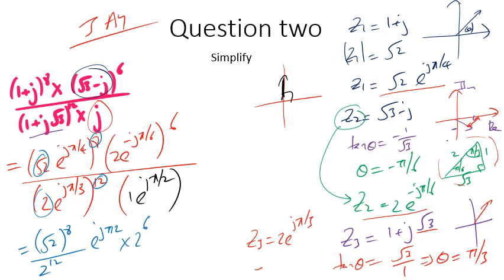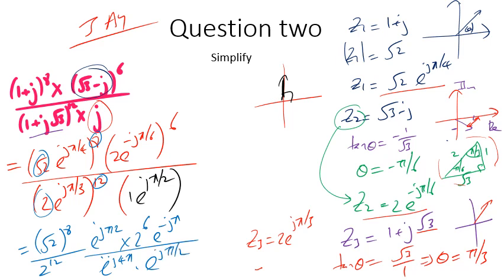Lots of 2's. E to the minus j pi by 6 raised to the power 6 is e to the minus j pi. And the last one at the bottom here, e to the j pi by 3, that's 12. That becomes e to the j 4 pi. And the last one there is e to the j pi by 2.